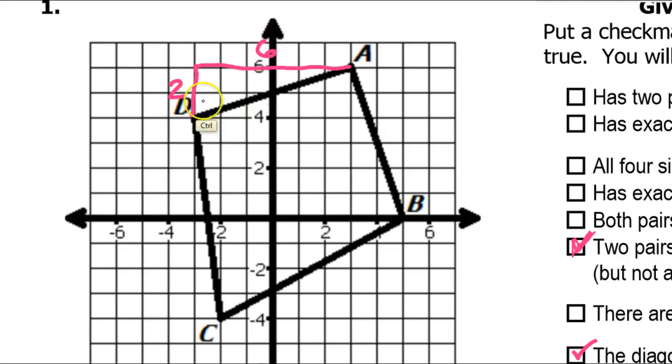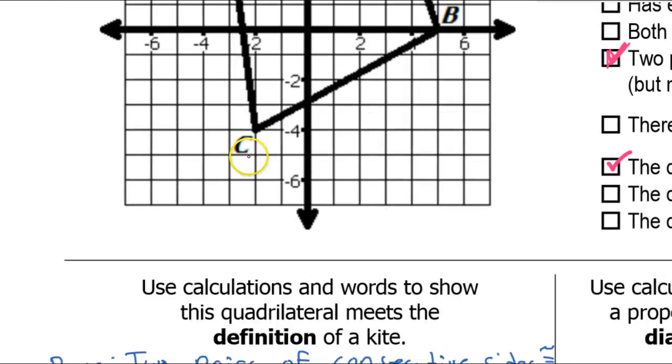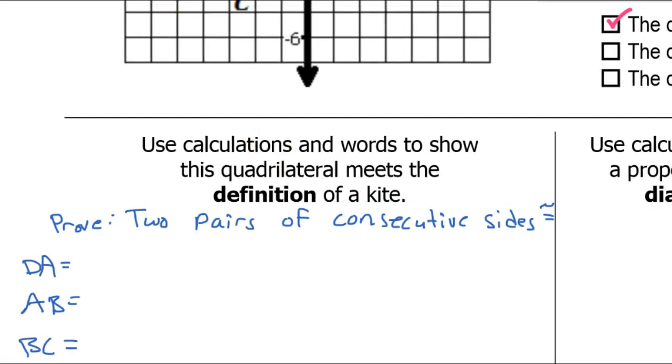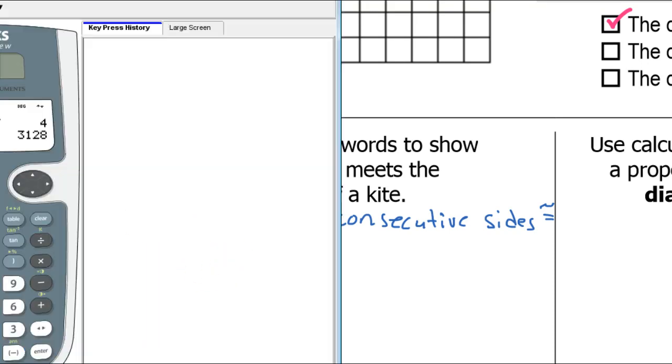So that means DA is going to be the square root of 6 squared plus 2 squared. I'm just doing the Pythagorean theorem. So DA is going to equal the square root of 6 squared plus 2 squared.